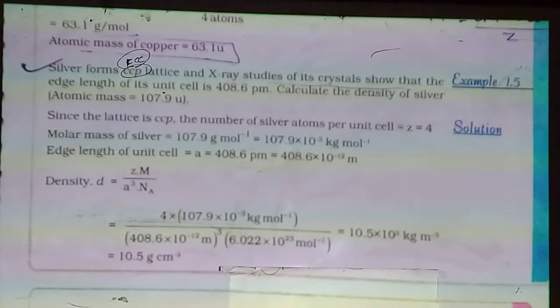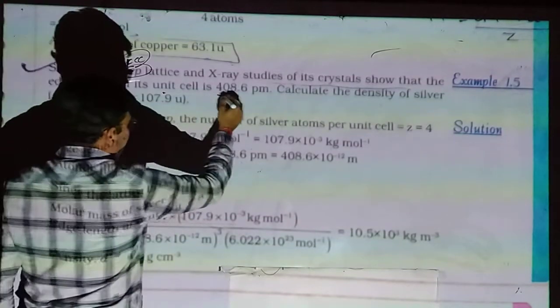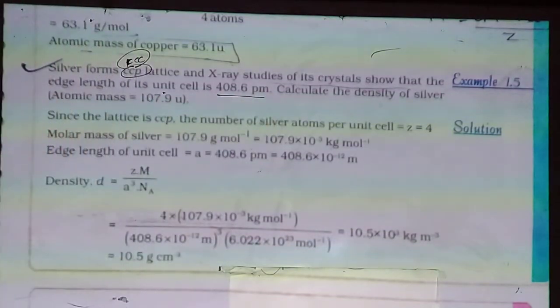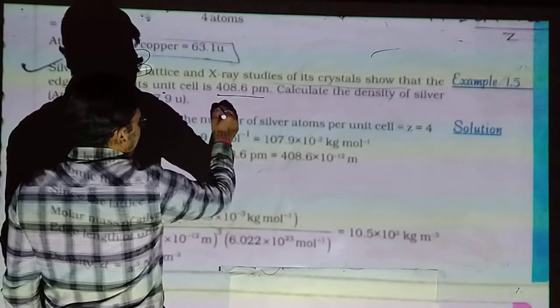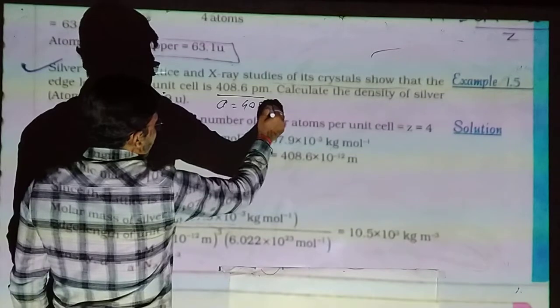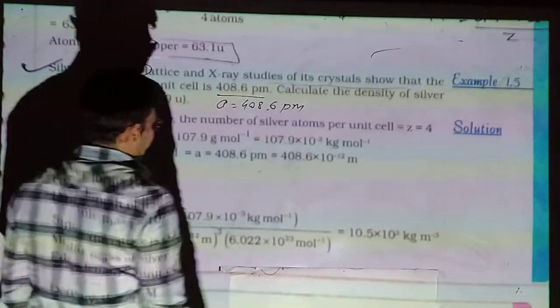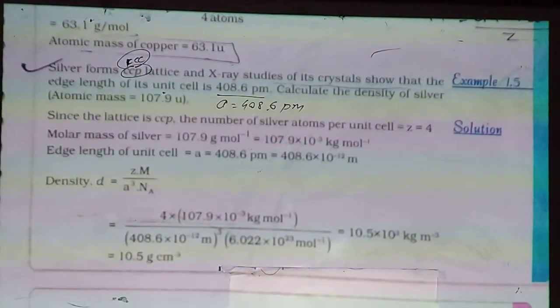An X-ray study of its crystal shows that the edge length of the unit cell is 408.6 picometer. Edge length is given, 408.6 picometer. Calculate the density of silver.